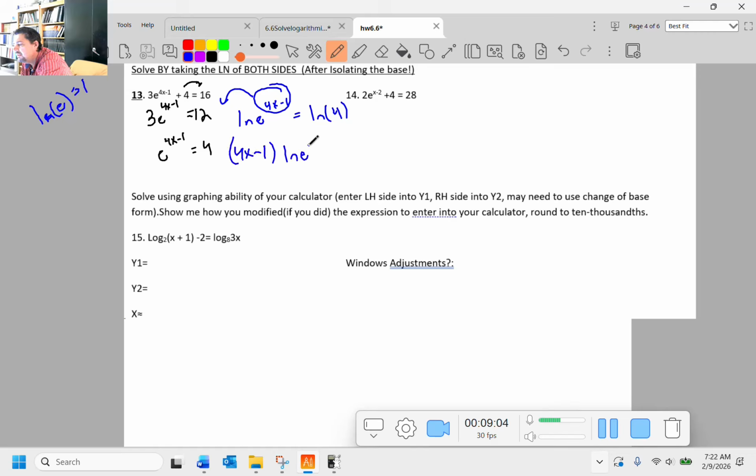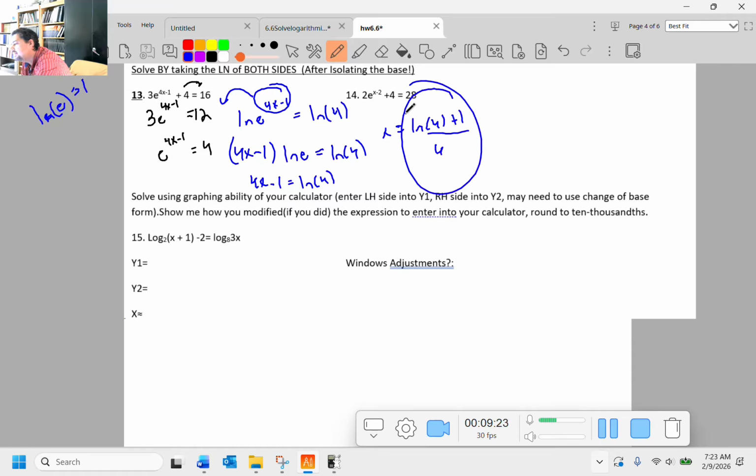Then you have a natural log of e. And of course, since the natural log of e is 1, you just have this. 4x minus 1 is the natural log of 4. 2 moves and she's done. You're going to add 1, and you're going to divide by 4. So x is the natural log of 4, add 1, and then all sitting pretty over 4. And there's your answer. If you want to know what it is, push buttons in a TI-84.